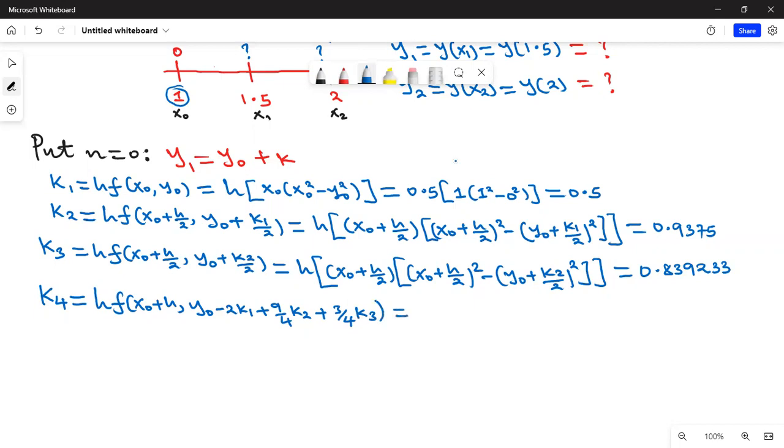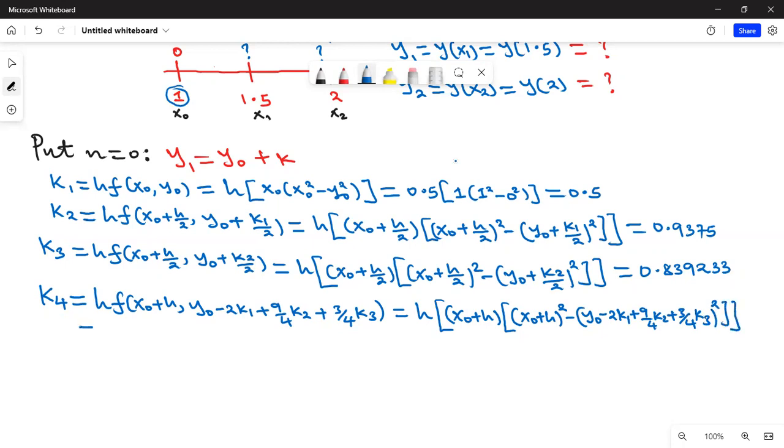And so this equals h into x naught plus h times x naught plus h, and this is squared, minus y naught minus 2k1 plus 9 over 4 k2 plus 3 over 4 k3, and this is squared.